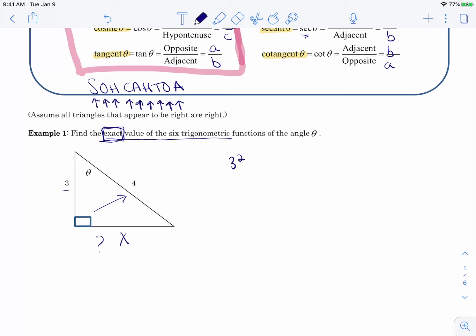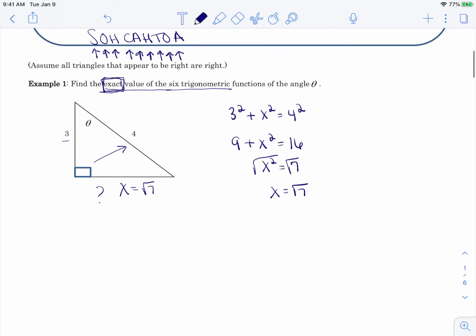We do the Pythagorean Theorem. So 3 squared plus X squared equals 4 squared. So we get 9 plus X squared equals 16. Take away the 9, we get 7, square root. So we get X is the square root of 7. Okay, so now I can find some ratios.